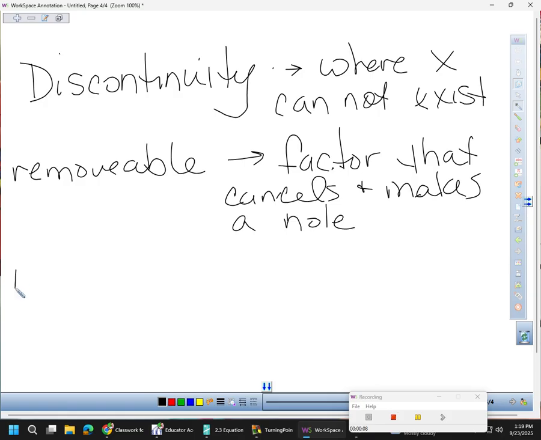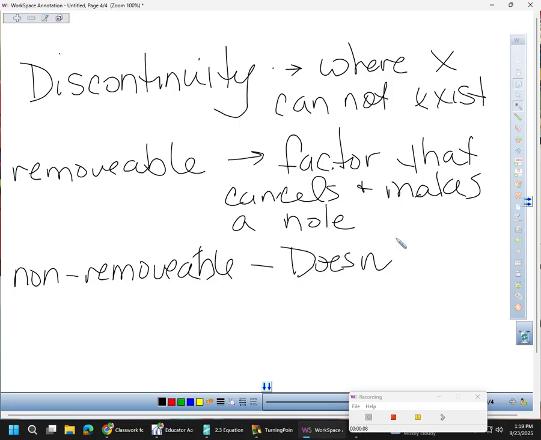All right, how about non-removable? Non-removable is it doesn't cancel. And makes, what does it make if it's not a hole?